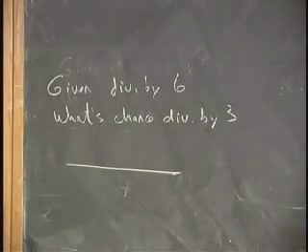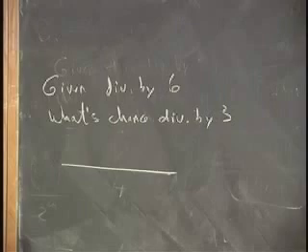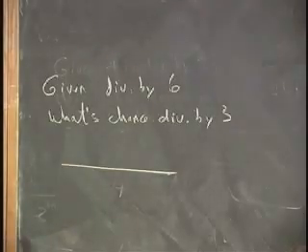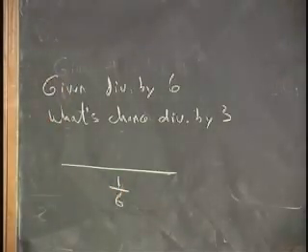If you can divide a number by 6, you can definitely divide the number by 3. So it should be 100%. Let's use our little formula and just check out the limit cases. It's always a good thing to do. The chance that it's going to be divisible by 6 is the condition. That goes in the bottom. That's 1/6. What's the chance that a number is divisible by 6 and the number is divisible by 3?